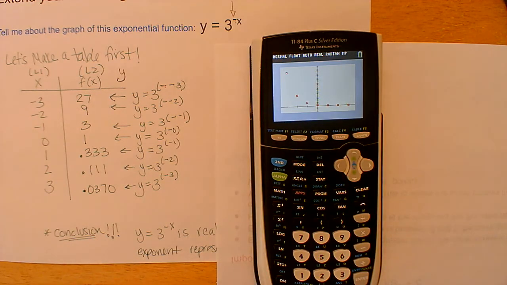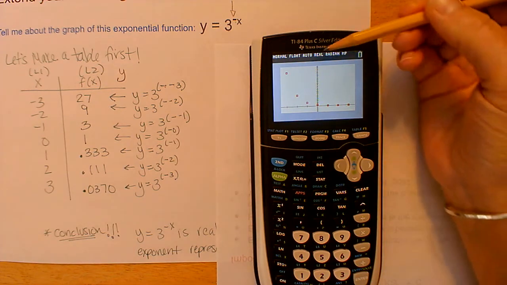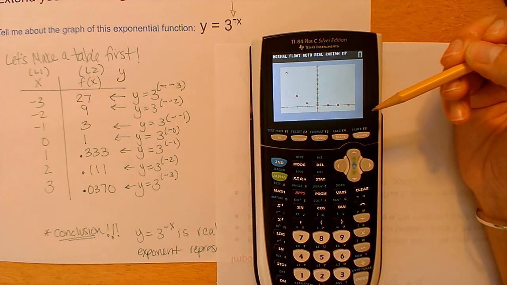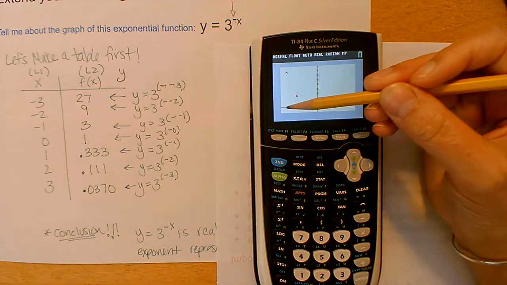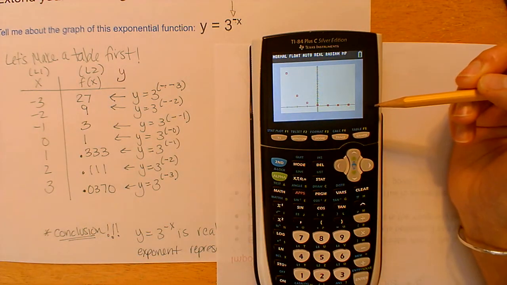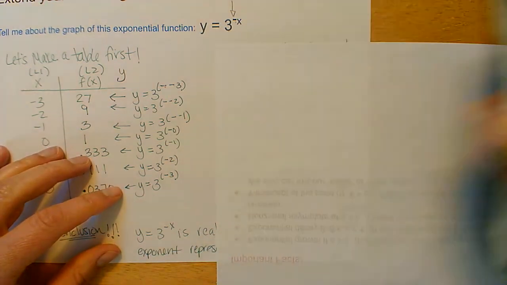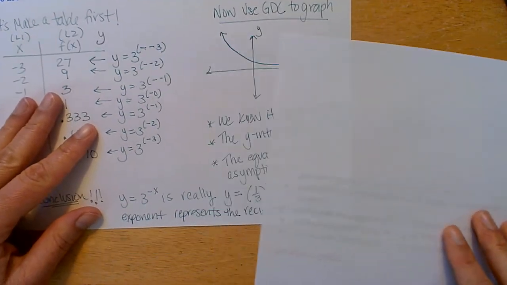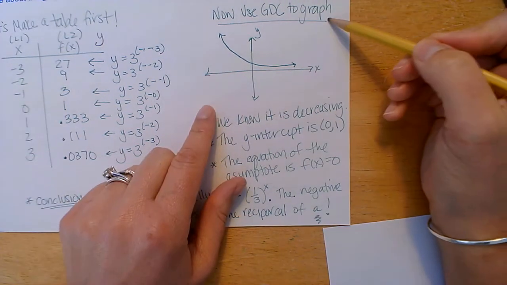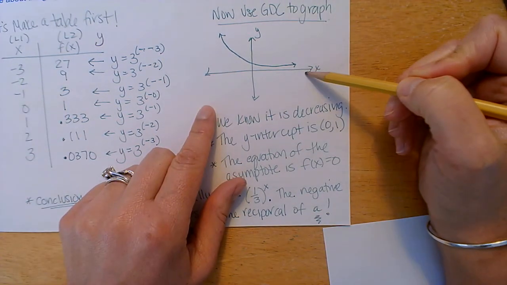There we go. So I can now clearly talk about the graph of this exponential function. I could talk about how it's decreasing. I could talk about how I believe that the horizontal asymptote will probably be at y equals 0. So let's investigate this a little bit further. So I used my GDC to graph, and then I just sketched it.